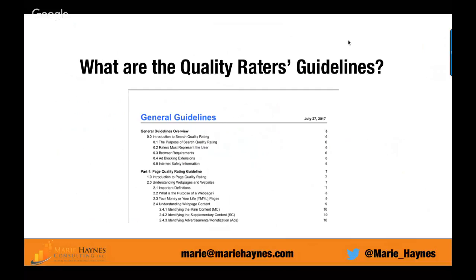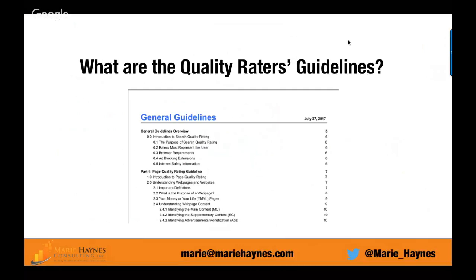And so these guidelines, they're used for a lot of things. What we think happens is that the Google engineers take this human feedback. And if a lot of humans are saying, hey, this page that's ranking really well is really not high quality because of this and that, then the Google engineers can rewrite algorithms so that that page no longer ranks well.